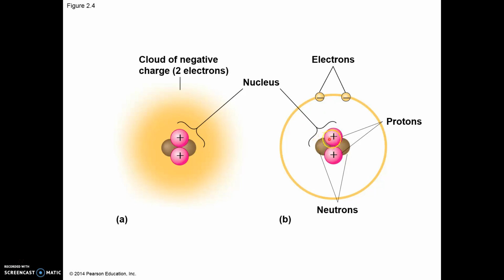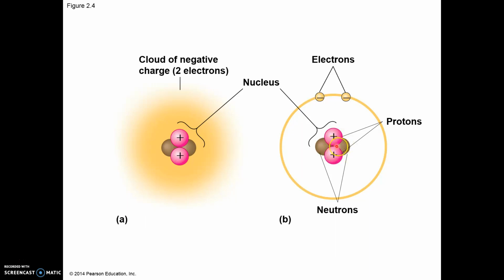Now, you might ask, why aren't these positive particles pushing themselves apart? Well, in fact, they are, but there's another force holding them together, and that force is way above our pay grade right now. So we're not going to delve into what that force is. You will get to it later in chemistry.